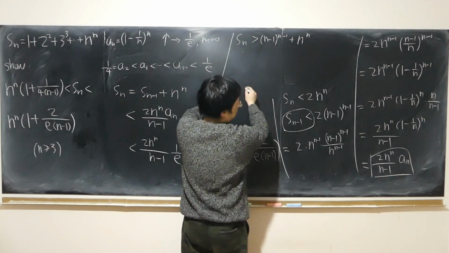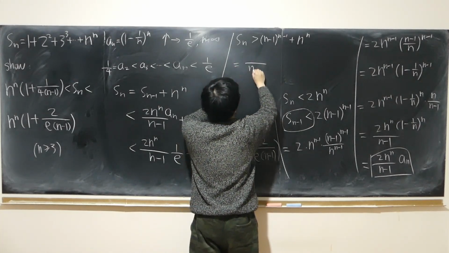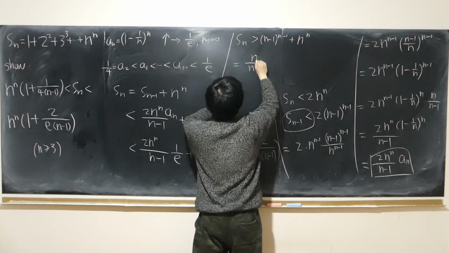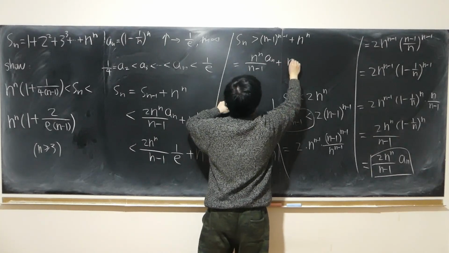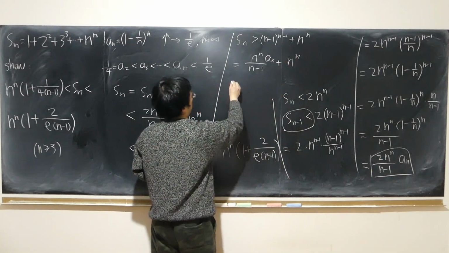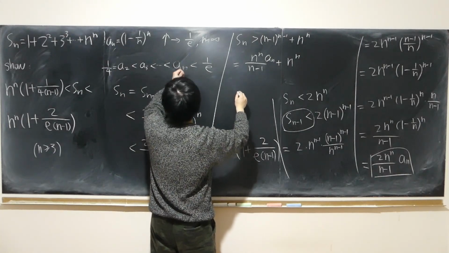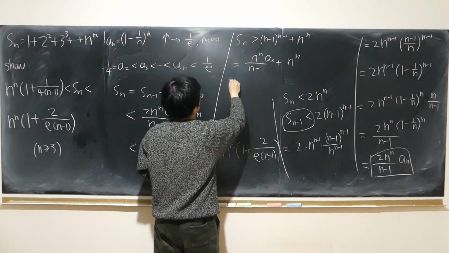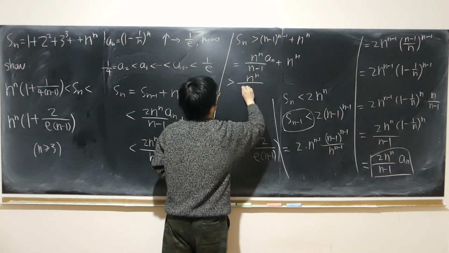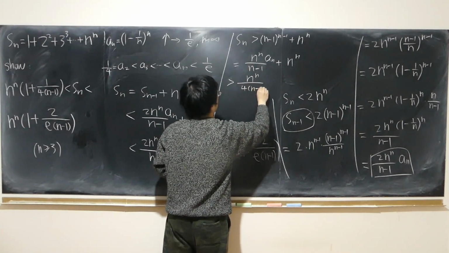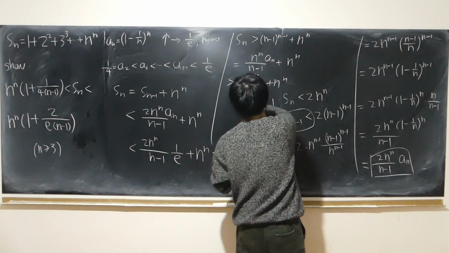So that is equal to n minus 1 times n to the power of n times an, plus n to the power of n. Right? But an is bigger than 1 over 4, so bigger than n to the power of n over 4 times n minus 1, plus n to the power of n.